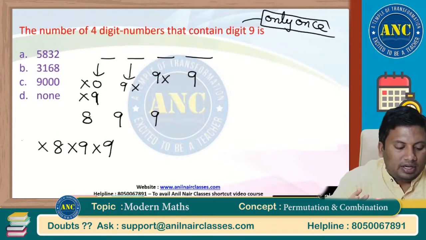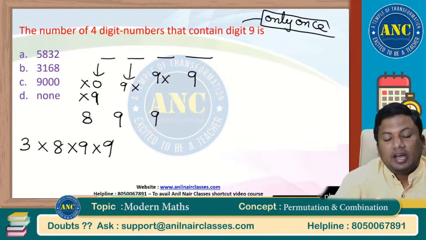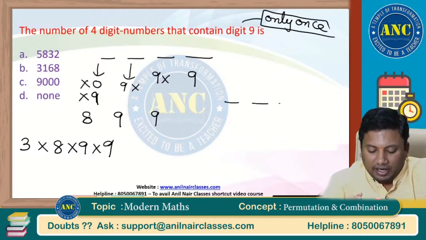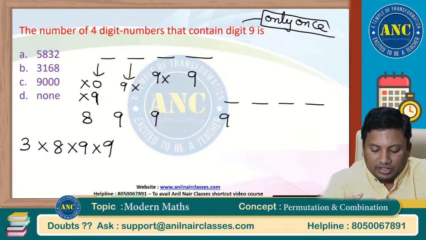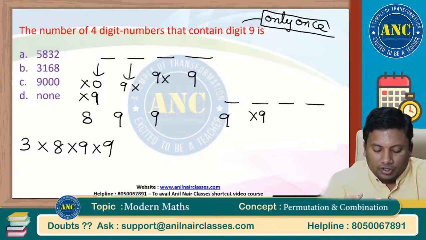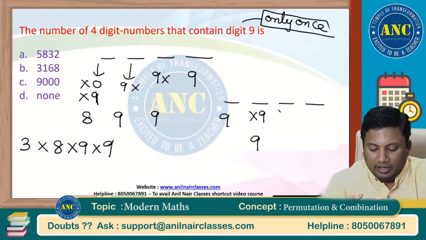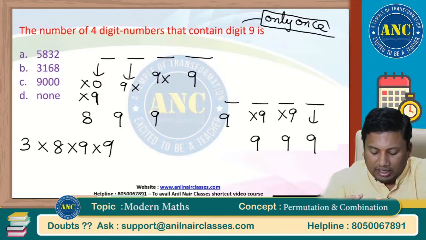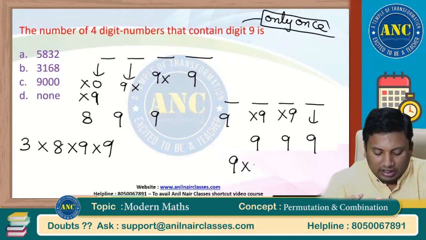9 can be there in the units place, tens place and hundreds place. If 9 is there in the leftmost place, 9 cannot come in the others, so here it is nothing but 9 ways, 9 ways, 9 ways. It is nothing but 9 into 9 into 9.